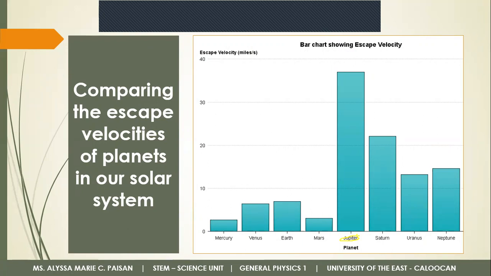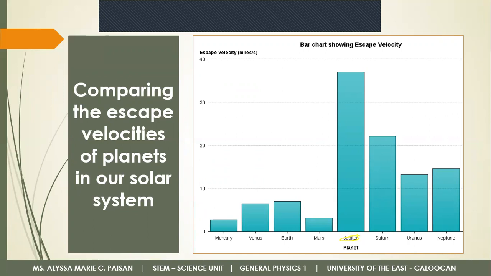And it is mostly dependent upon the, anong tawag dyan, the masses of the planets. Alam naman natin that the biggest planet is Jupiter, and then the next one is Saturn, and notice that kung ano yung pagkakasunod-sunod ng kanilang mga mass, that is also the ranking of their escape velocities.